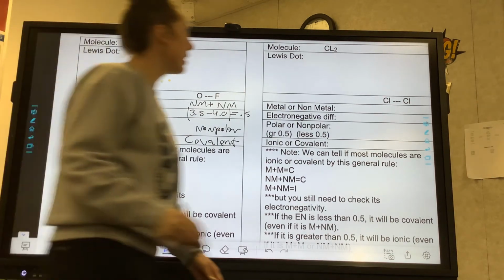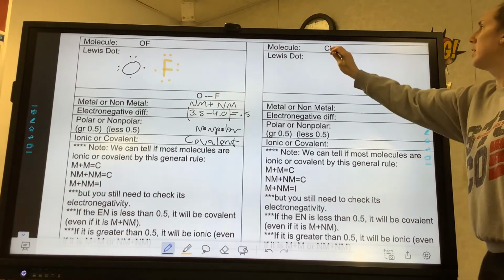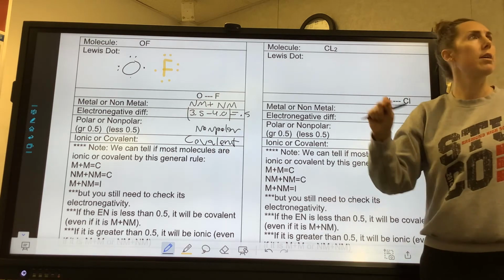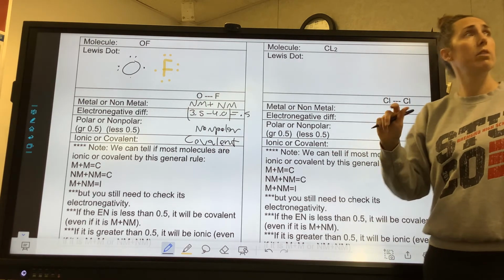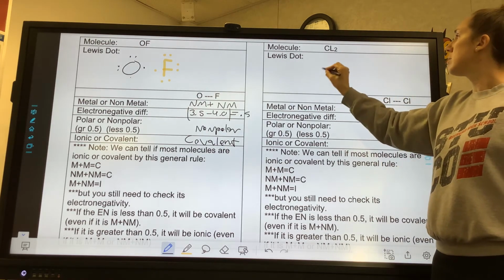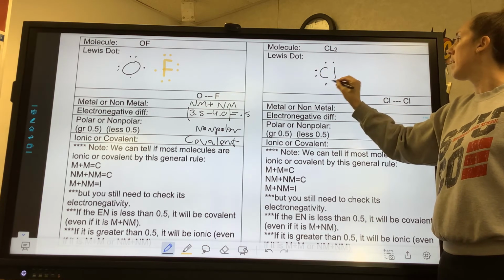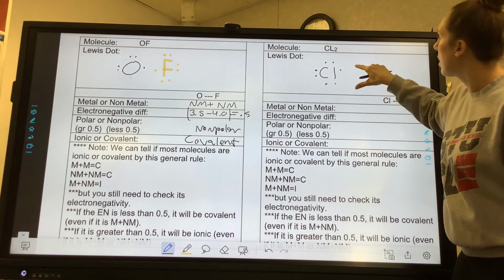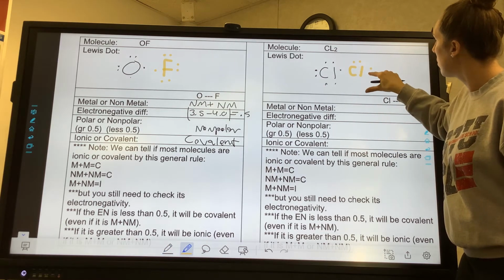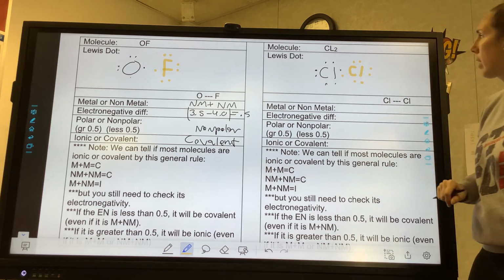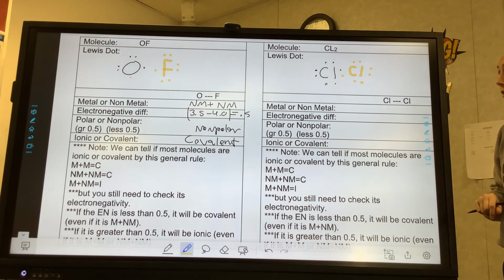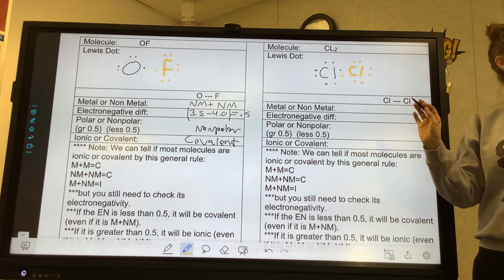Okay, Cl2, yes, I meant little l. So Cl2, Cl valence electron 7: 1, 2, 3, 4, 5, 6, 7. Then we got another Cl, 1, 2, 3, 4, 5, 6, 7. Okay, happily bonded to itself. What is chlorine? Non-metal.